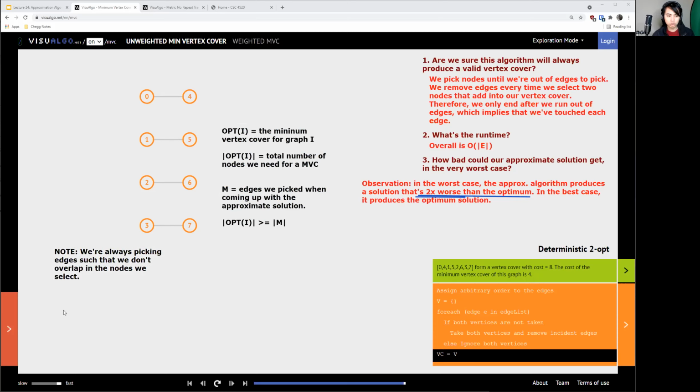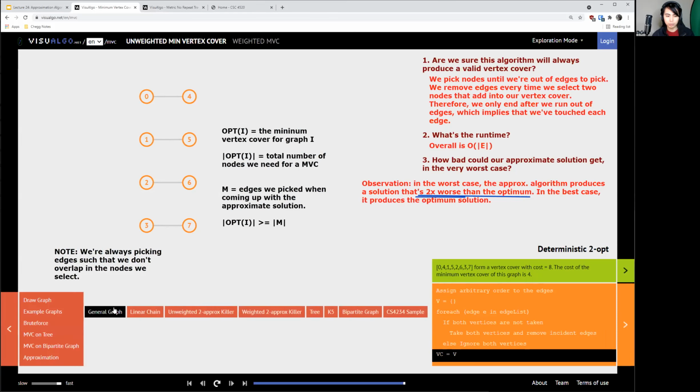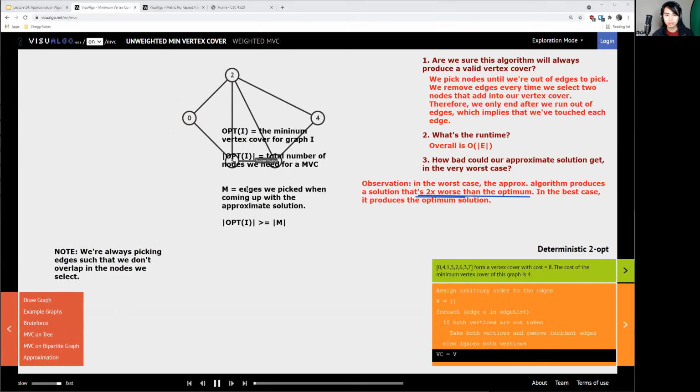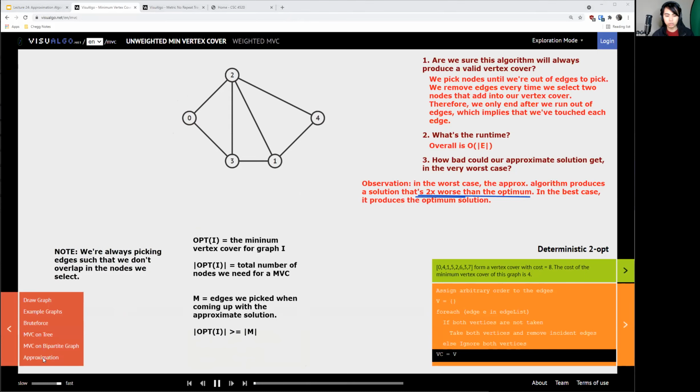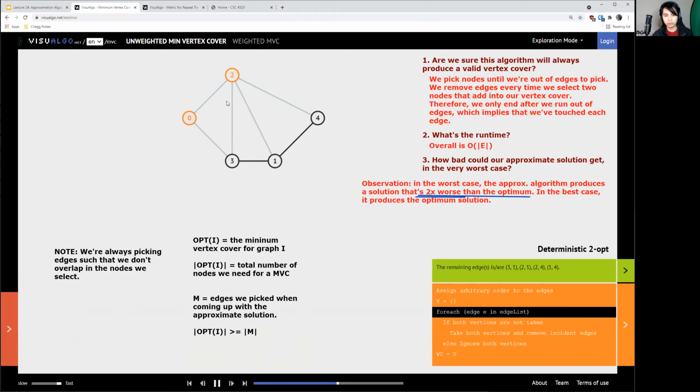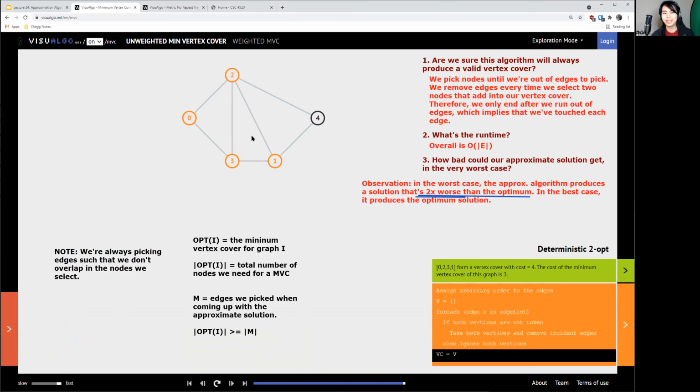Okay, let's go back to one of the examples on the smaller graph. We had this graph. When we ran the approximation solution, we picked 0, 2 first, and then we picked 3, 1. In other words, the edge 0, 2 has no nodes shared with the other edge that we picked, which is 1, 3.